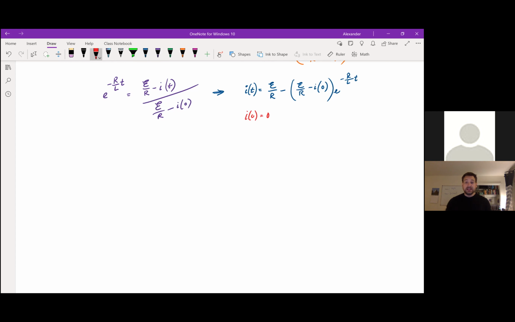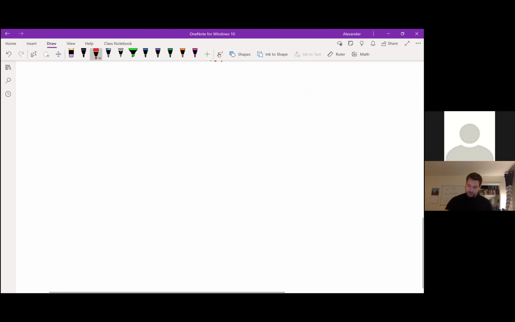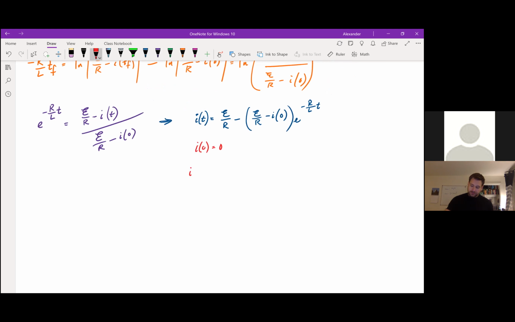So with that simplification, we could rewrite this, and call me crazy if that doesn't look like the exponential asymptotic charging equation for a capacitor.